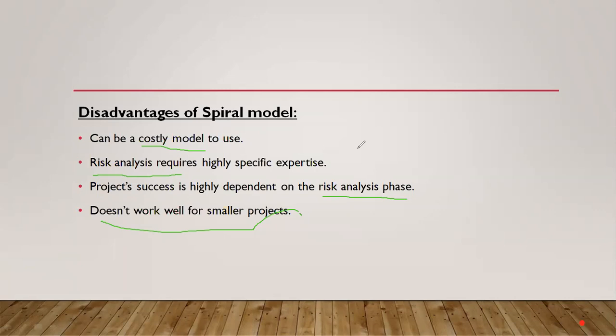So what is the spiral model? In the spiral model, activities are executed in a linear fashion: first module, second module, third module, formed like a spiral structure. That's why it is called a spiral process model. It is suitable for big projects and not for small projects.